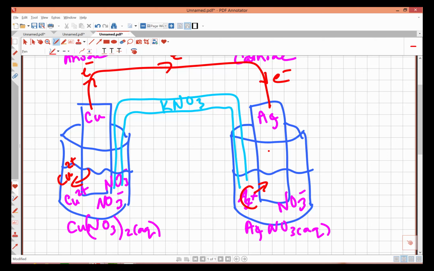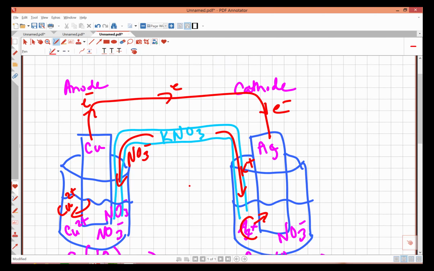So the salt bridge sends the potassium ions this way to balance out the negative of the nitrates, and it sends the nitrate ions this way to balance out the positive of the copper to keep those solutions closer to neutral. So we have this reaction happening, and it is a spontaneous reaction. Copper will naturally want to give its electrons to silver. We'll explain that later. And silver takes it and plates out more silver and is reduced.